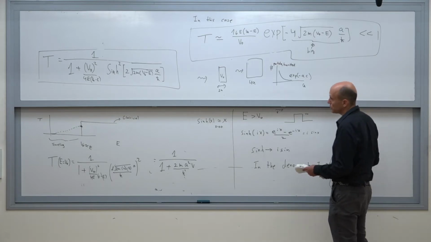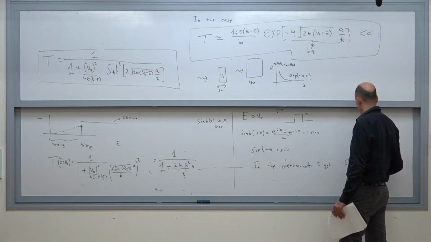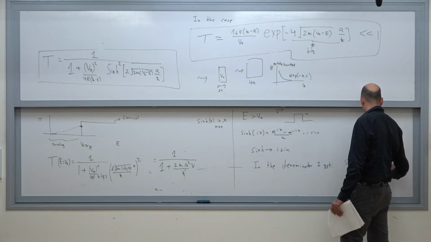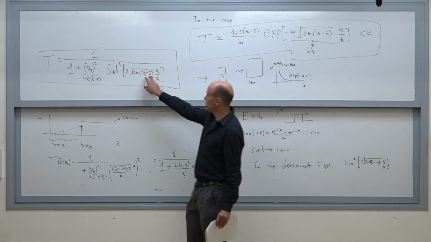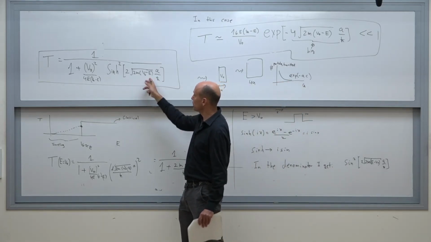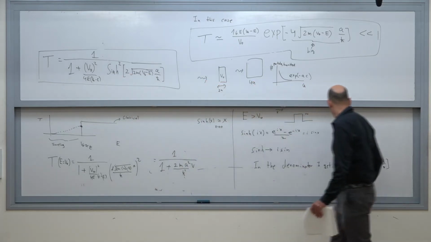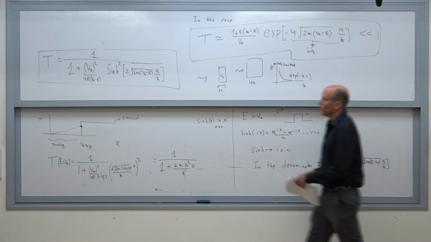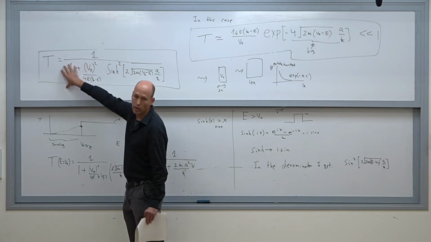We don't care so much about the sine, but 2m(E minus V0) a over h bar. I switch this sign, because I switch it, and then I have this in the original minus, and that gives you the sine hyperbolic. So what do I get here? I get 1 plus something times the sine function squared.